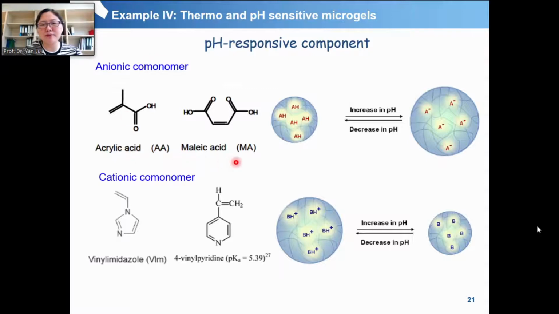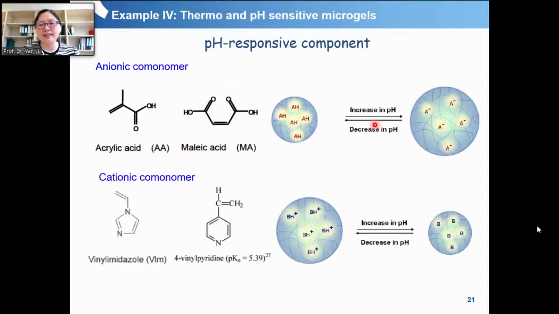If you want to have pH sensitive microgels, you can choose different monomers, either an anionic comonomer or a cationic monomer. The anionic comonomer is mainly based on acrylic acid or maleic acid. So you see, you need an acid group here.